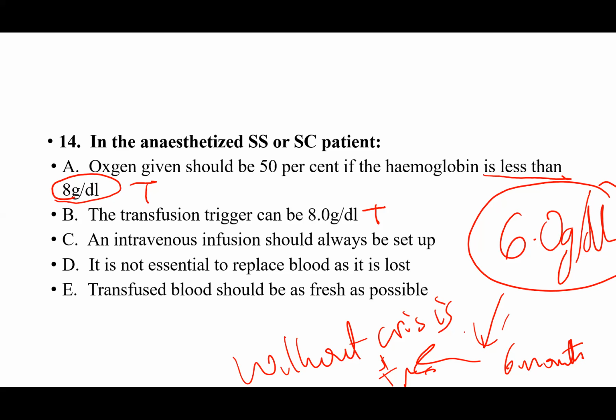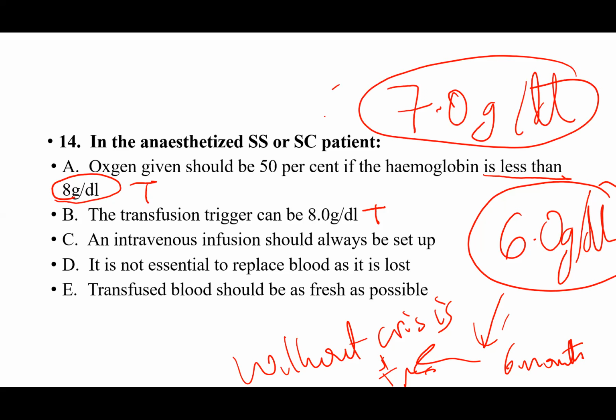And what is the WHO criterion for steady state hemoglobin? I think 7 grams per deciliter. That is WHO. When HB falls below this, you have to transfuse.